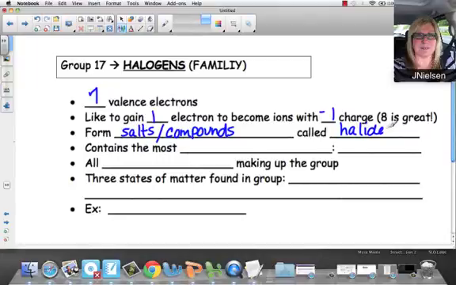And they're going to come up not just now in this group, they'll come up in bonding, they'll come up in organic. And they contain the most reactive nonmetal, which is fluorine.